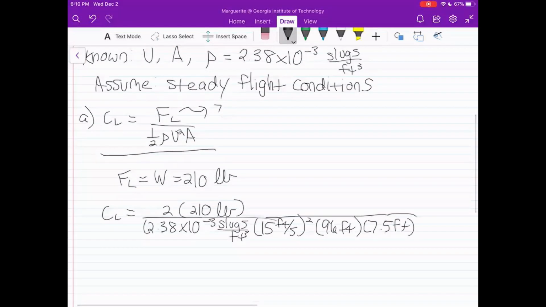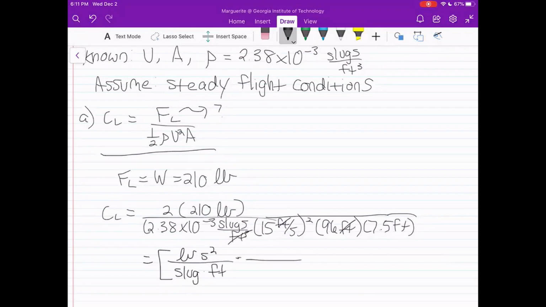I don't know about y'all, but I always have to work out my units. So I'm just going to do that, especially when there's slugs. So this is going to cancel. We have pound second squared over slug foot.